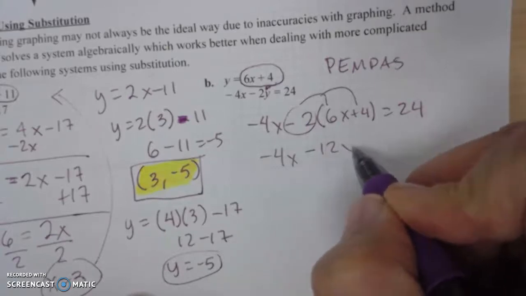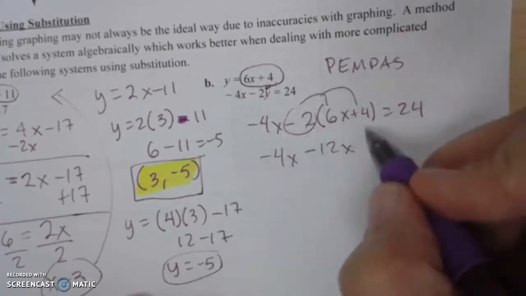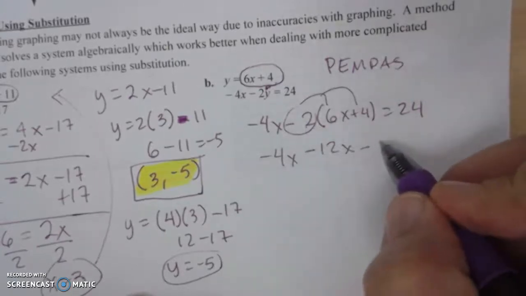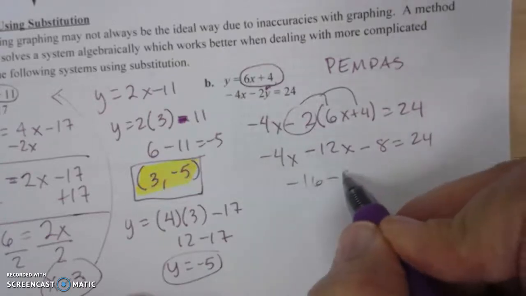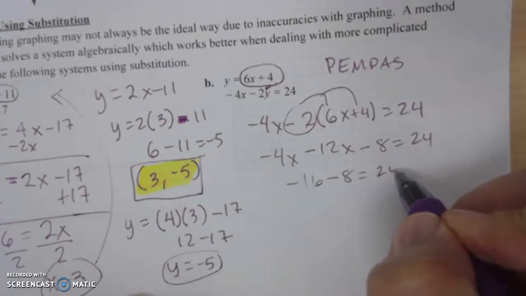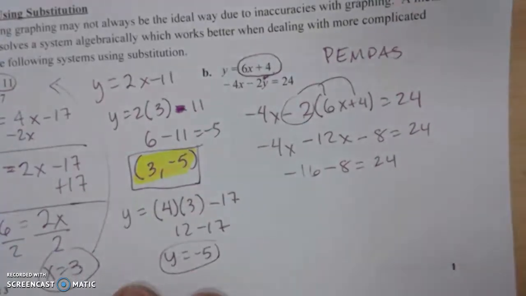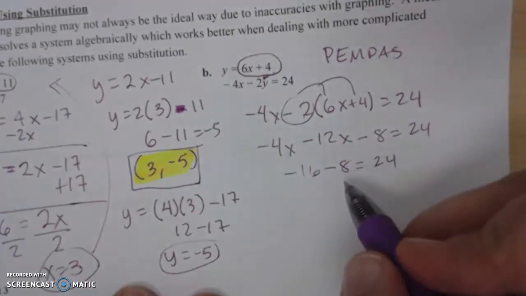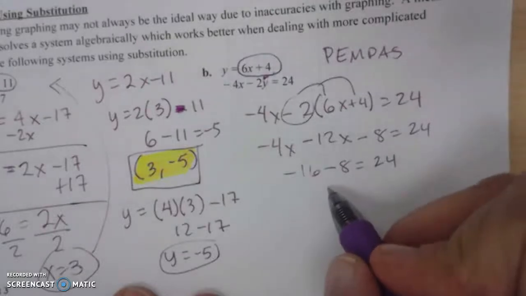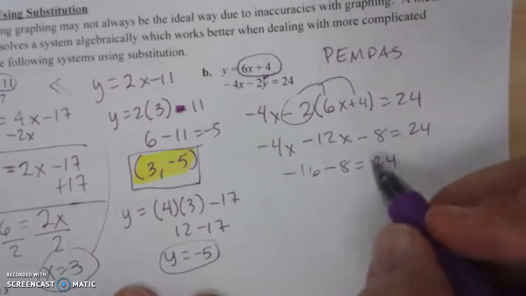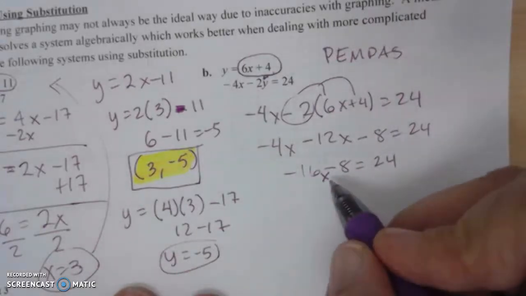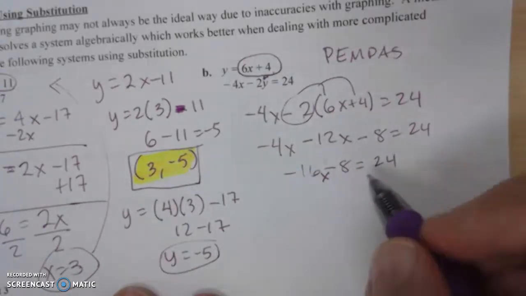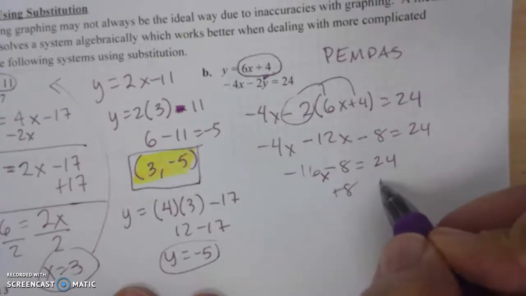So negative 12x, negative 2 times 4 is negative 8 equals 24. Negative 16x minus 8 equals 24. Sorry, negative 16x. Okay, let's add 8 to both sides.